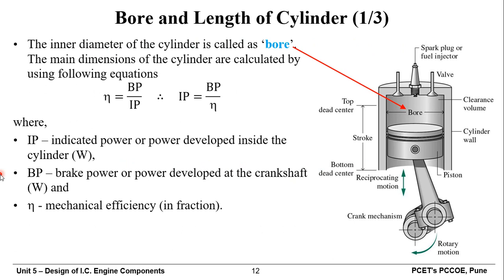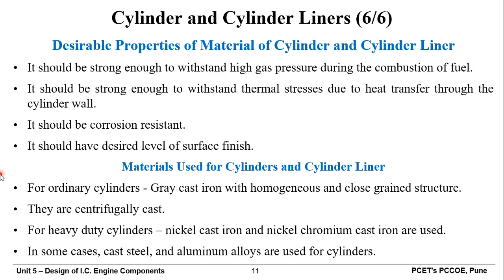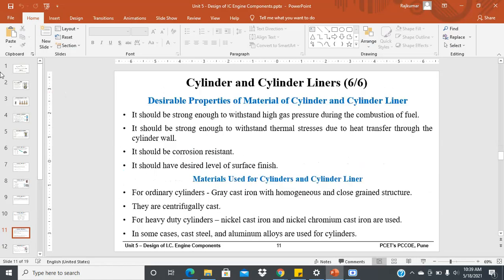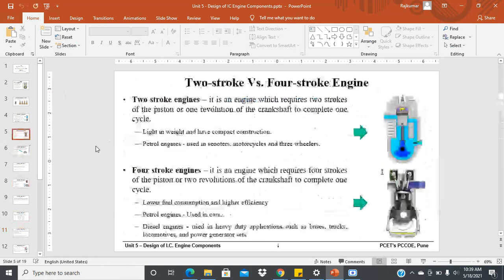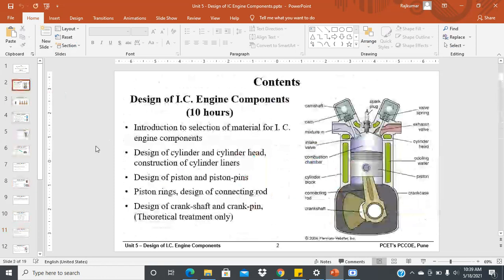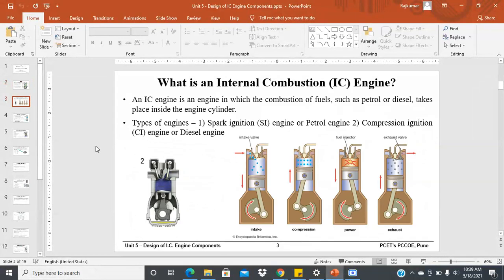Now this is all the theoretical part that we discussed. Before going ahead, I will quickly take a review, because afterwards we are slowly entering into the design part. So we discussed the contents, the functioning of SI engine and CI engine.